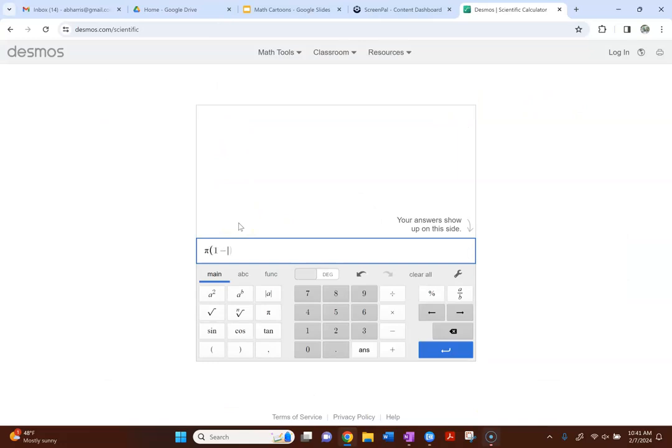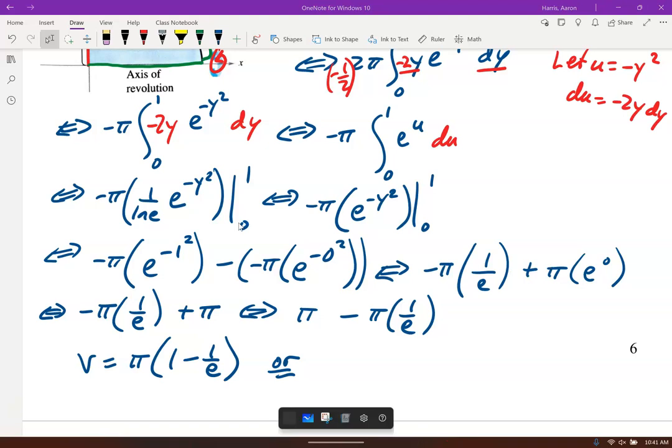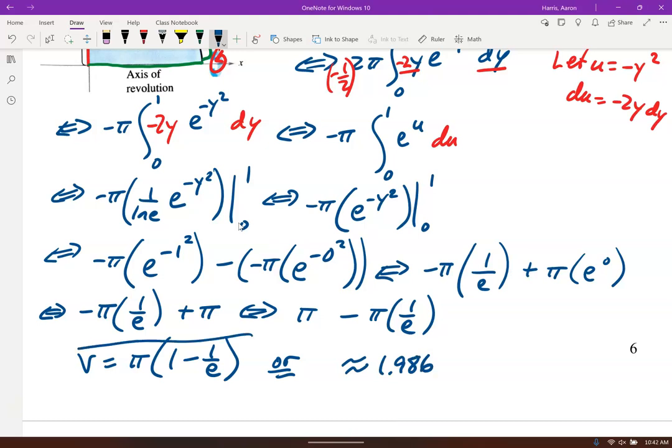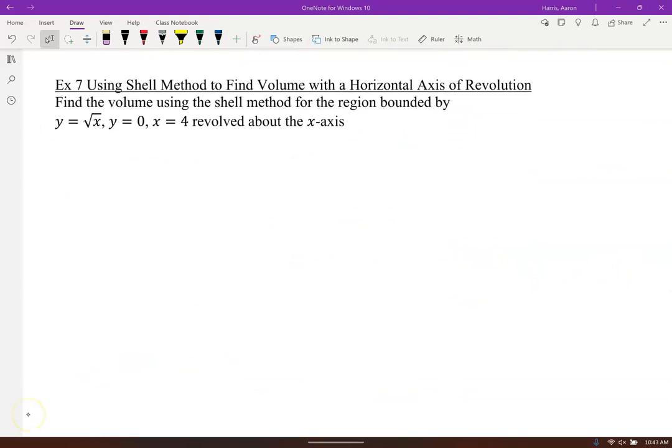Pi times 1 minus 1 over e. There it is, 1.986. We'll round it to that. Well, I like the exact form. Either of those work. All right, let's move on.